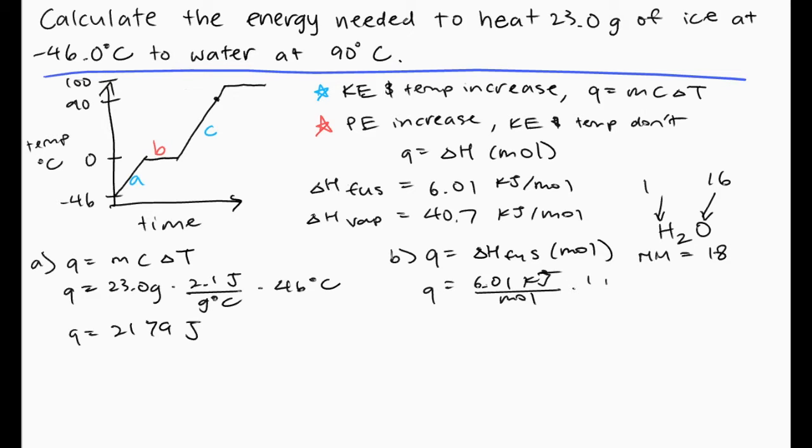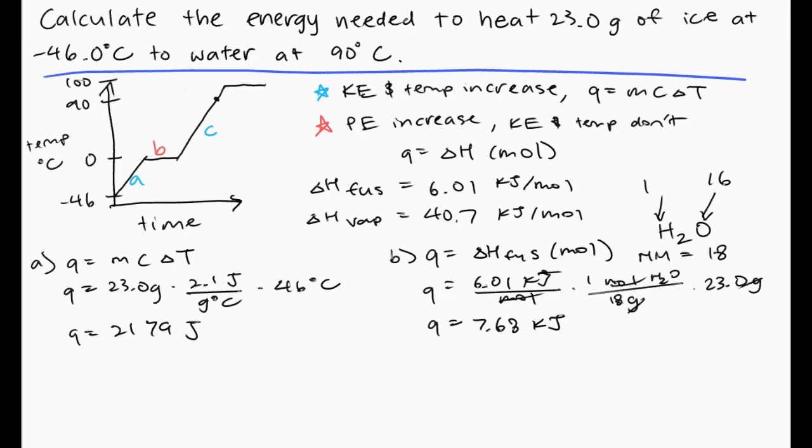So 1 mole of water will have 18 grams. And we multiply this by the number of grams that we have, which is 23. So we can cancel out the moles and the grams, and this gives us 7.68 kilojoules.